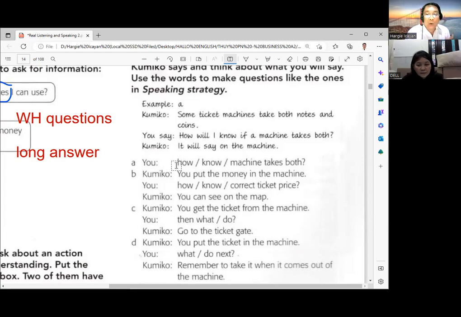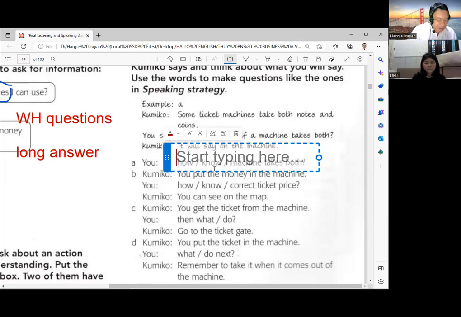How will I know if a machine takes both? Okay, so number one is how will I know if a machine takes both, right? Okay, so that will be it.